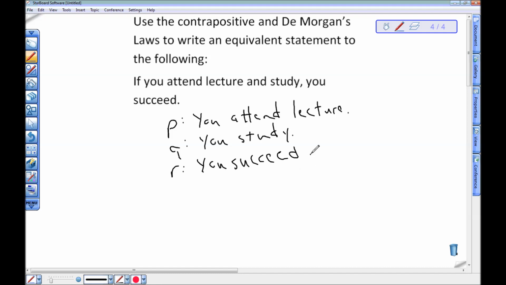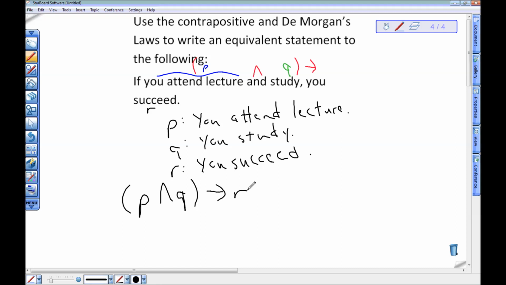Then I have you attend lecture, P, and you study, Q, then you succeed, R. This was an if-then, so I need an arrow. There's a comma here, so I need to group those things together. So this would appear to be if P and Q, then R.